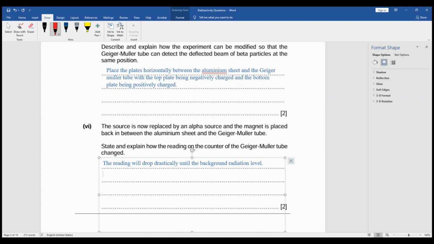Okay, the beam of alpha particles will be deflected upwards and away from the GM tube.